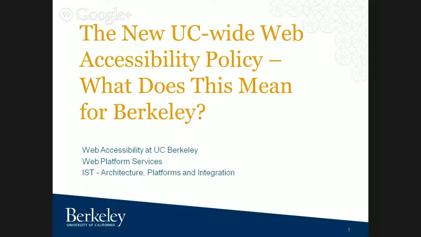But I wanted to briefly set a framework for how you think about it, because whenever there's a policy, the policy represents really two things. One is our mission and our commitment to inclusiveness here at the campus, to make sure that the information we give others is also given to folks with disabilities. And also, this policy enables our campus to meet its legal obligations under the Americans with Disabilities Act.